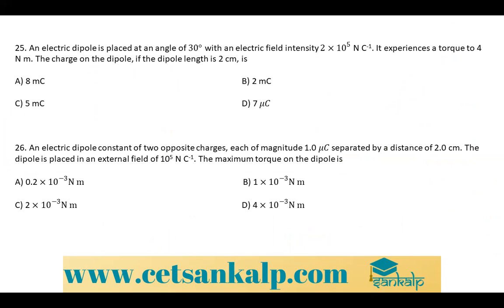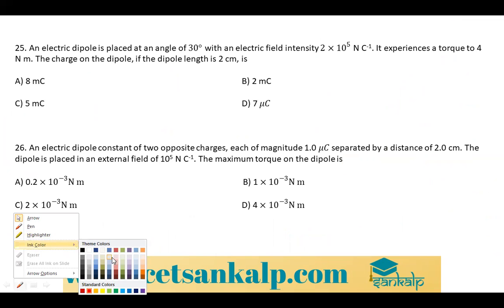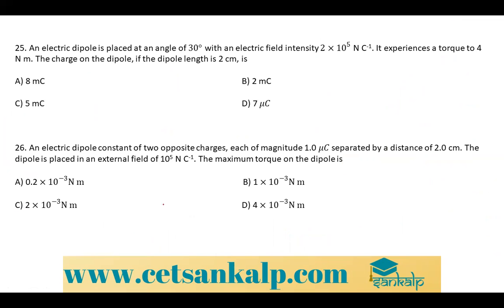an electric dipole is placed at an angle of 30 degree with an electric field intensity. So they've given this is theta, and this is nothing but your E. It experiences a torque.